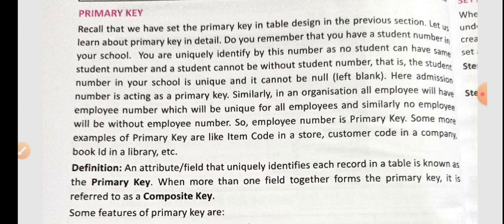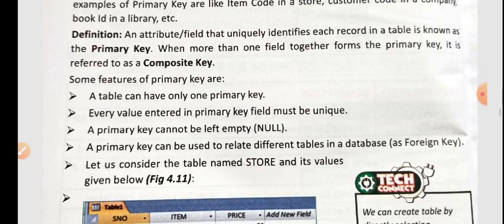For example, I gave you the example of two students having the same name, and when we are talking about those students, we can identify them with the help of their roll number. So the primary key will act as the roll number.